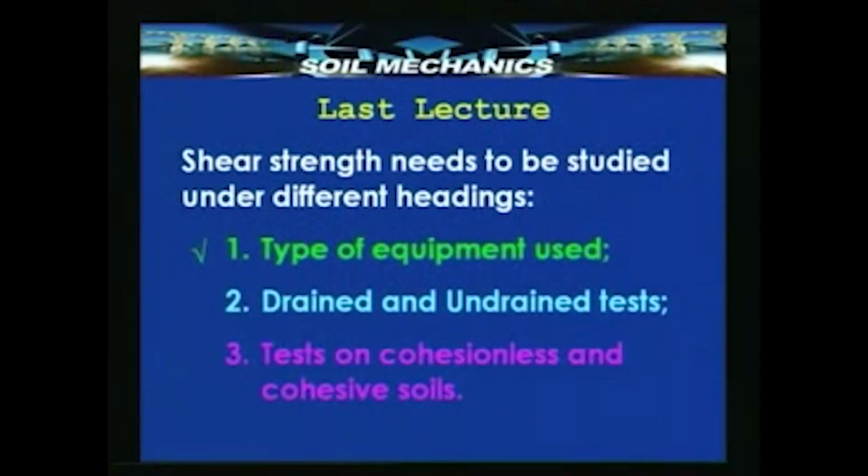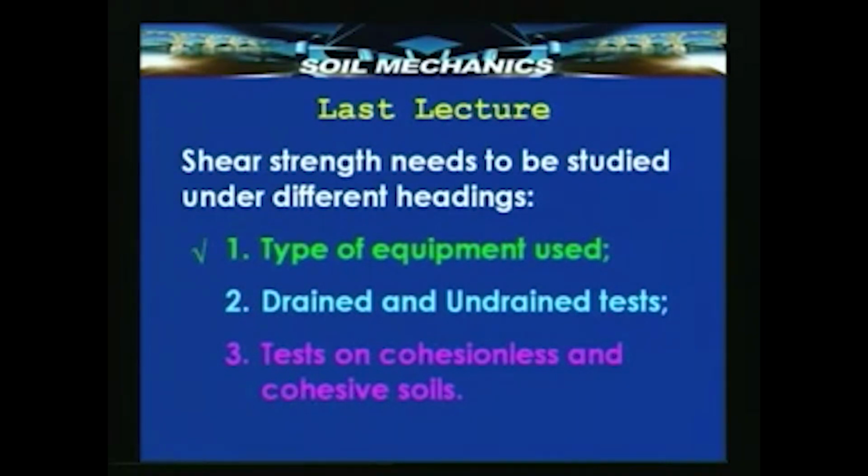Now, for example, in the last lecture, I had mentioned that we have divided this chapter on shear strength into 3 major aspects. One is what are the different types of equipment used and what are the kinds of tests that are done with that. Then we have a section called drained and undrained tests.